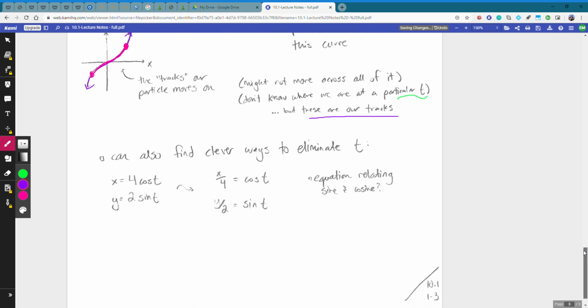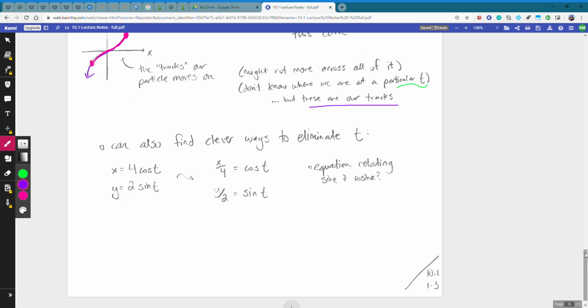And there can also be, instead of the solve for t method, some clever ways to eliminate our variable. So, for example, with our equations, 4 cosine t equals x, 2 sine t equals y, well, we can toss those constants, divide those over, and get an equation for cosine t and sine t.